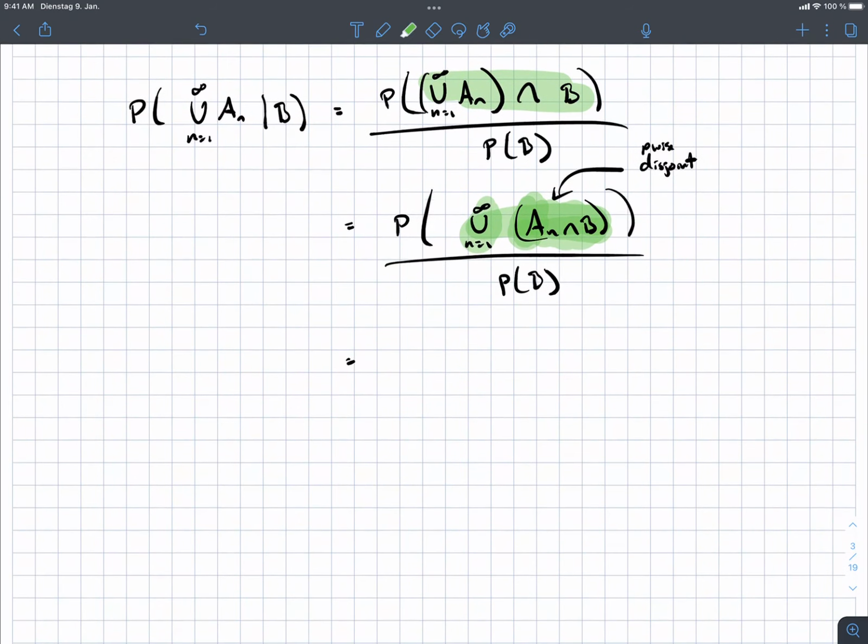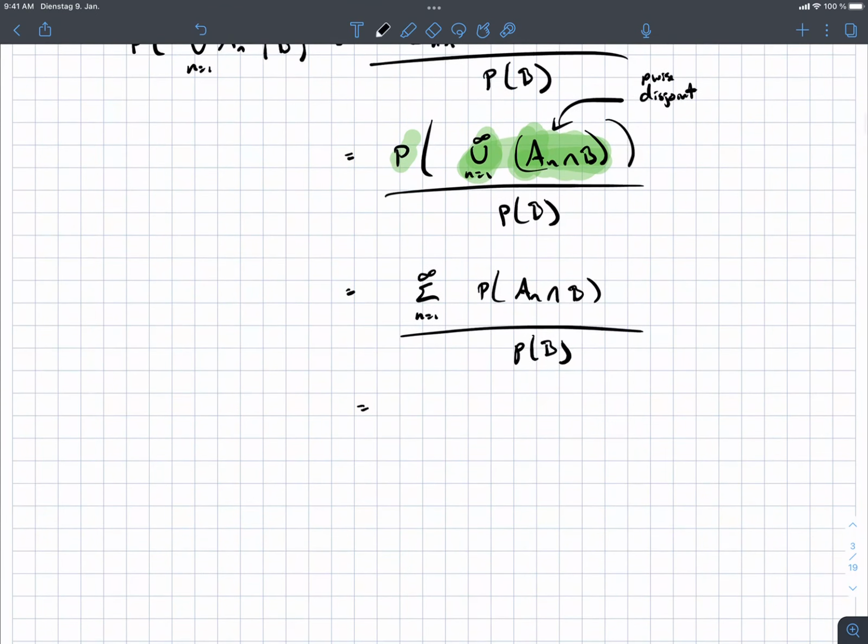And because I know this original, unconditional probability function obeys the third Kolmogorov axiom, I can write this probability of a union as the sum of probabilities, probability of A_n intersect B over probability of B. And I can just rewrite it in this way.